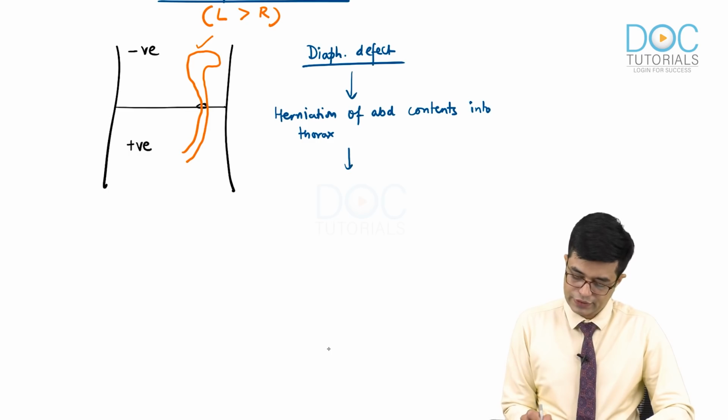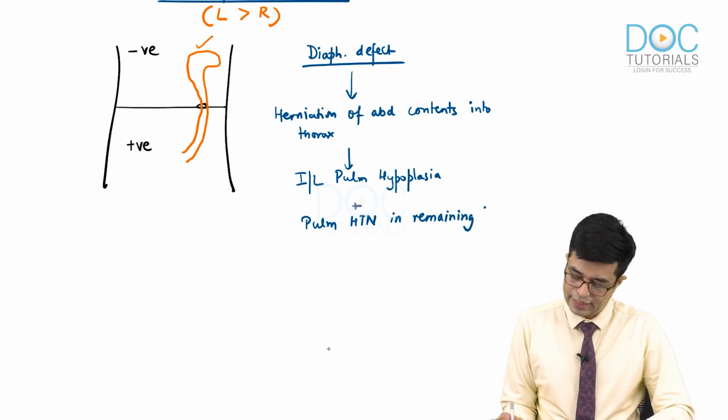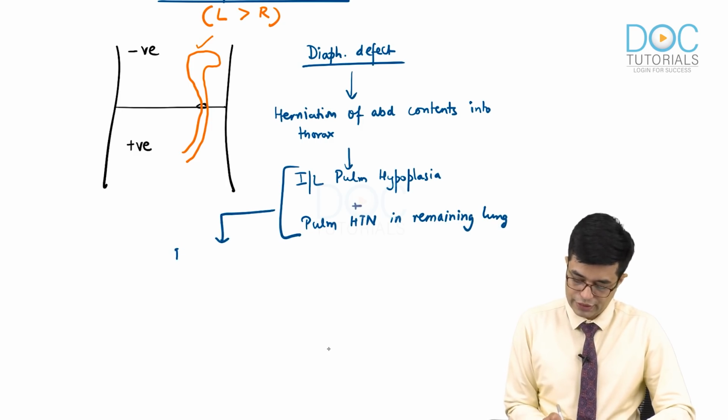They will cause ipsilateral, same-sided pulmonary hypoplasia, along with pulmonary hypertension in the remaining normally forming lung. And it is the combination of these two which tends to produce respiratory distress in the neonatal period.